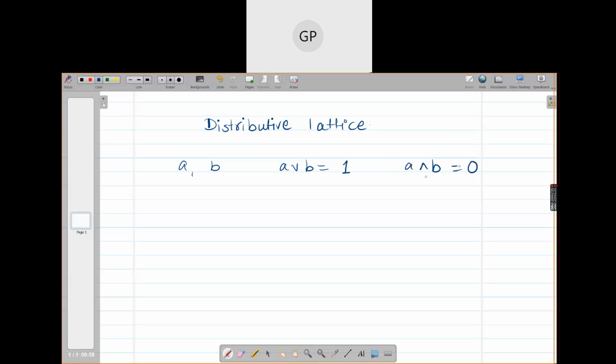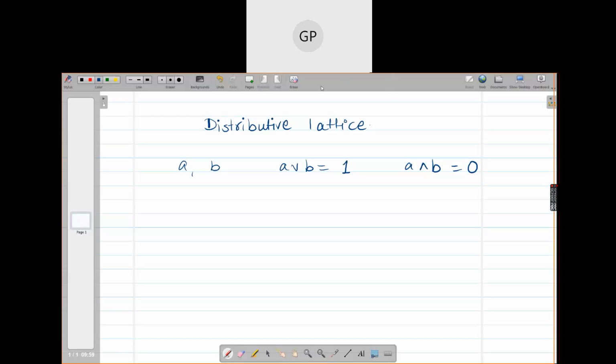The greatest element of a bounded lattice is denoted by 1 and the least element is denoted by 0. So we are going to use 0, 1 notation further while defining Boolean algebra. These are not your regular 0 and 1 elements.